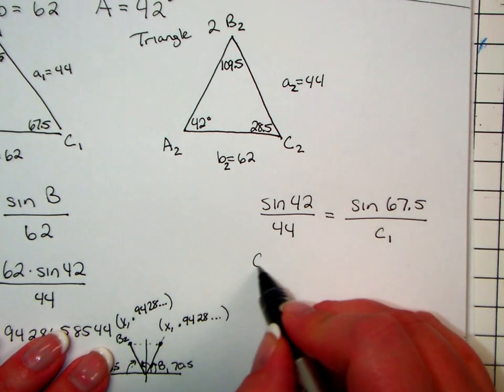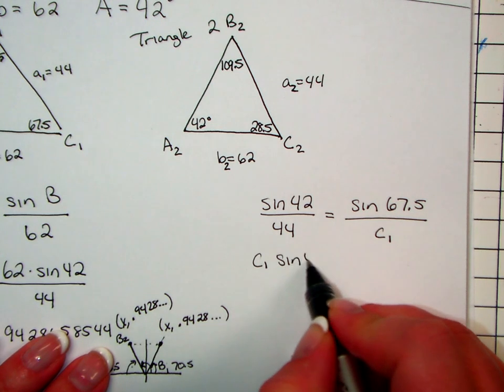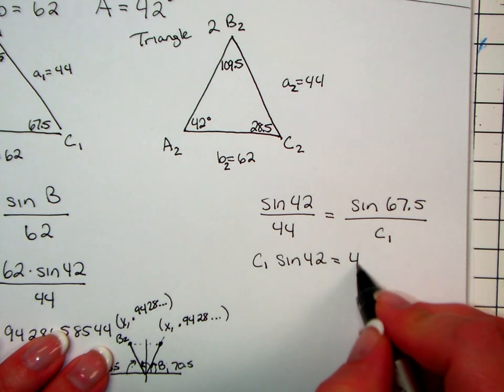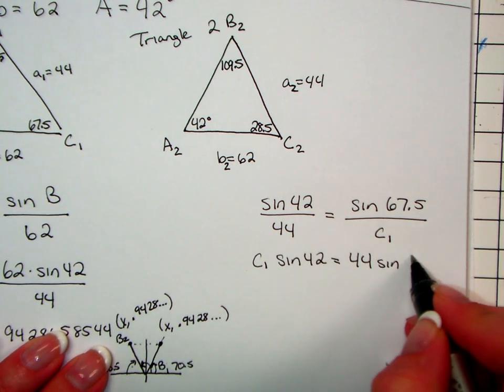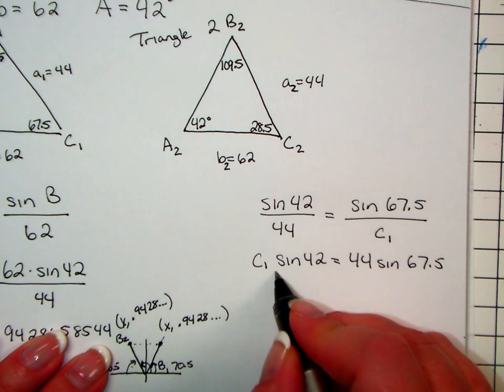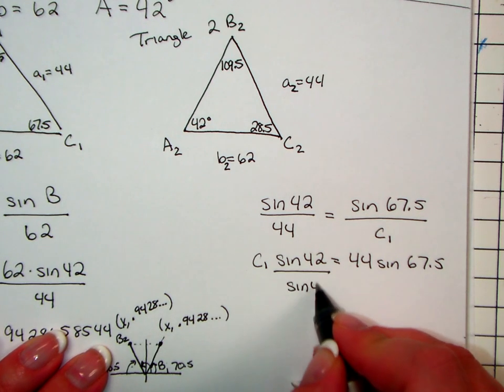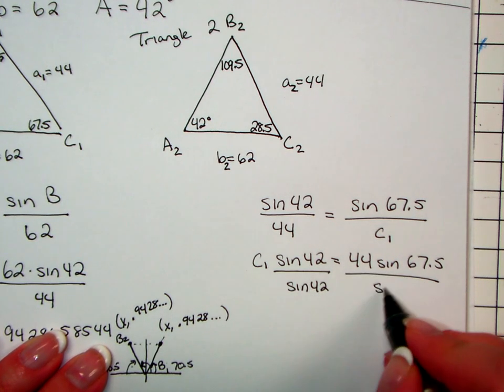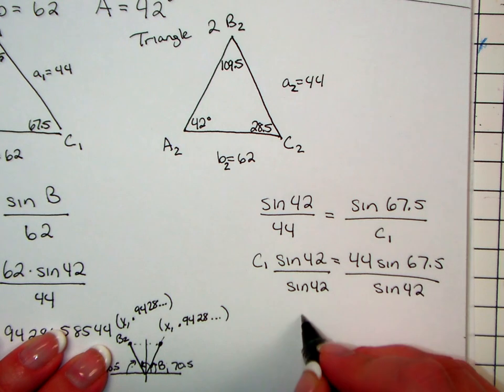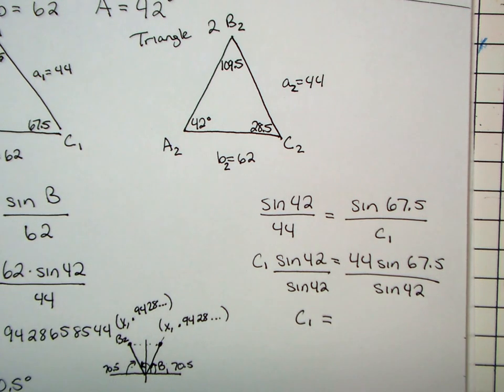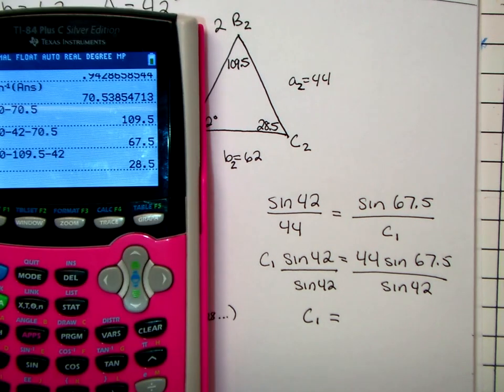Cross multiply. Divide by sine of 42. Okay, punch that in the calculator, you got your solution.